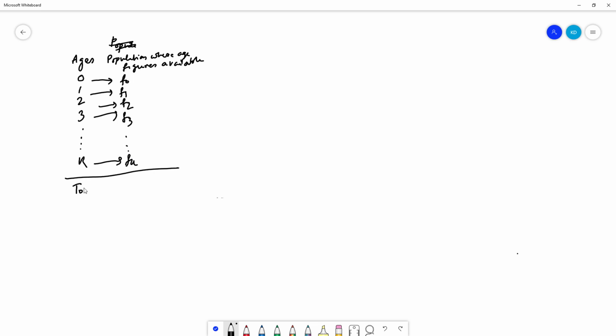Then this total, that is summation of fi from 0 to k, should be N1.